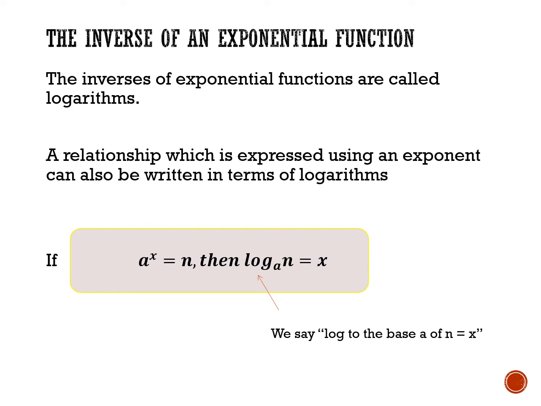We say log to the base a. This little number down here next to the word log is the base, and that's a. Remember, with your exponential functions, the base is the number that you're raising to the power, and that is going to be the same as the base of the log that's equivalent to it. So we've got log to the base a of n equals x.